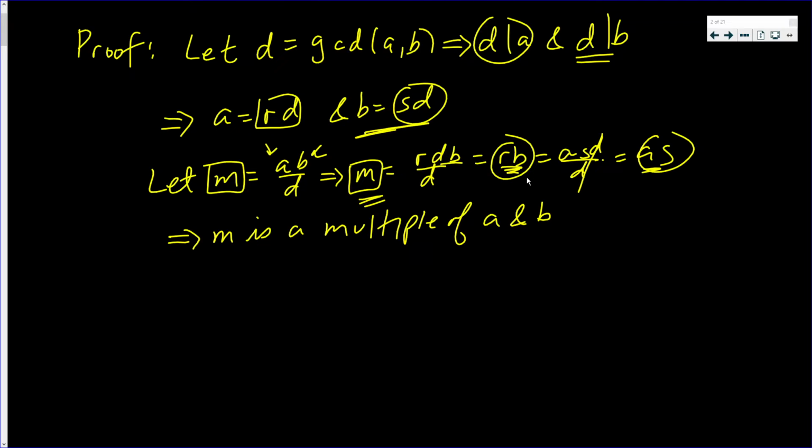We're getting somewhere. Now we need to prove that it's the least common multiple.